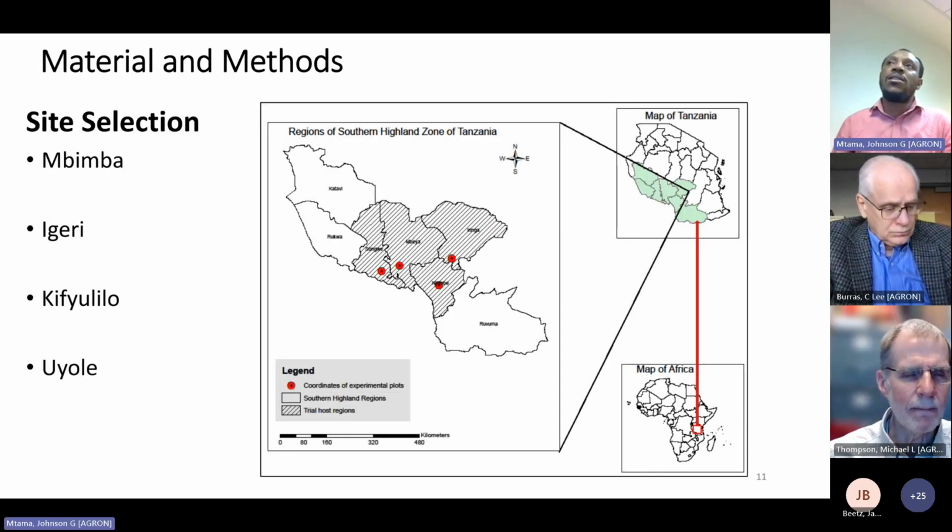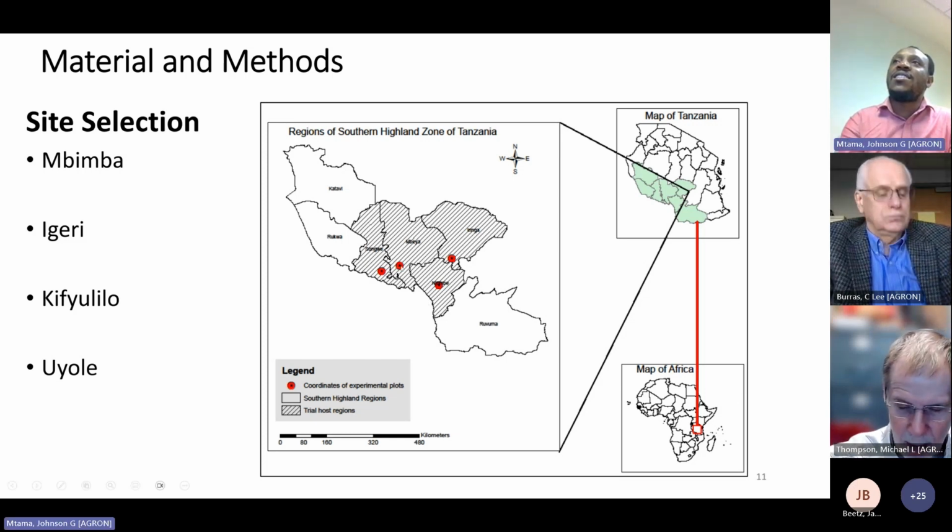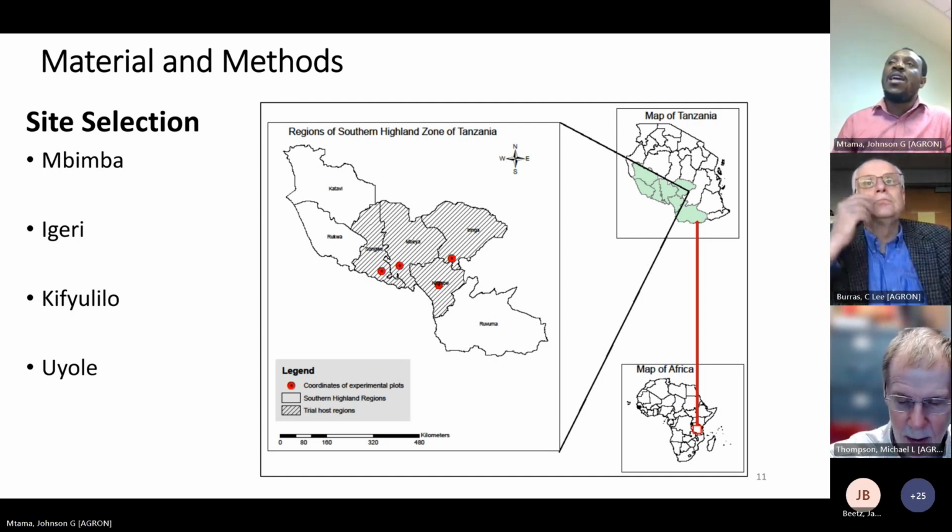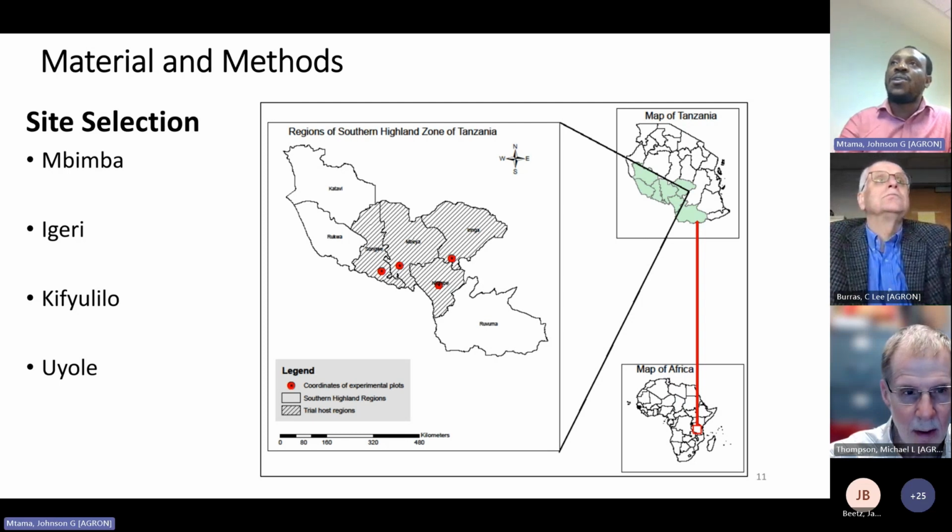So these are the sites of my experimental work in Tanzania. So this is the location of Tari Uyole, where I'm working, and all my operations start from this point here.